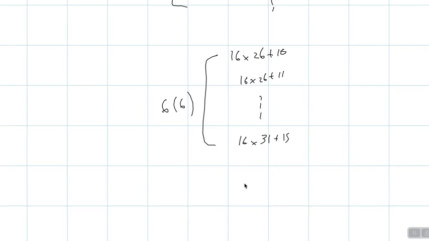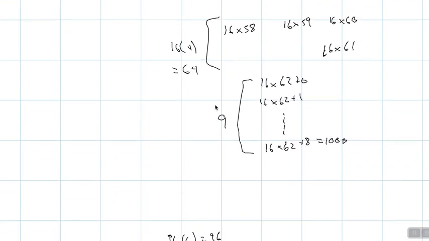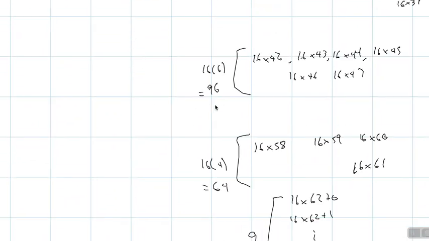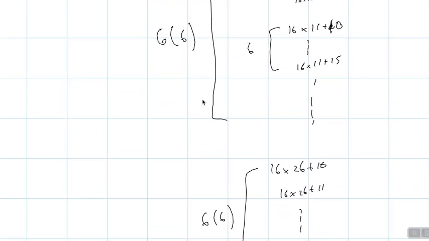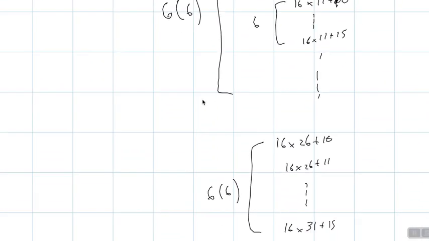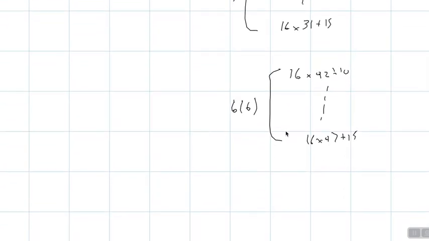And doing that for all of these. 16 times started with 42 there, down to 16 times 47 plus 15. Again, they're 6 times 6. So 6 times 6, 6 times 6, 6 times 6.